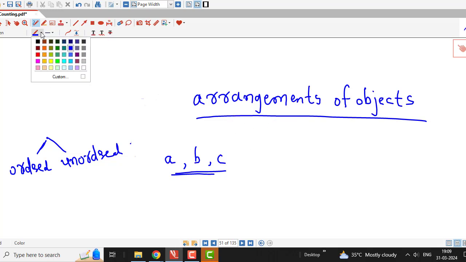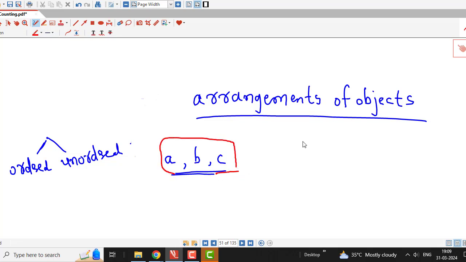For example, if we consider order important for the arrangement of these three objects, then we can list out the different arrangements. Suppose I fix the first object A and I vary the second and third objects as B and C, and C and B. Because order is important, I will consider these two arrangements as different. Similarly, I can have BAC, BCA.